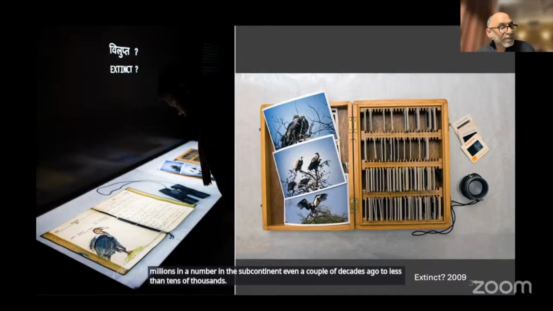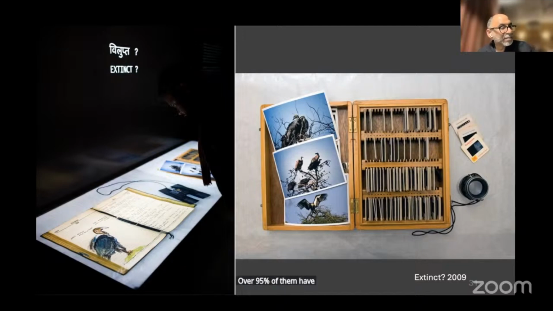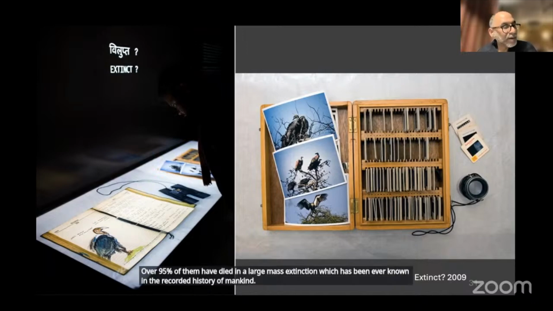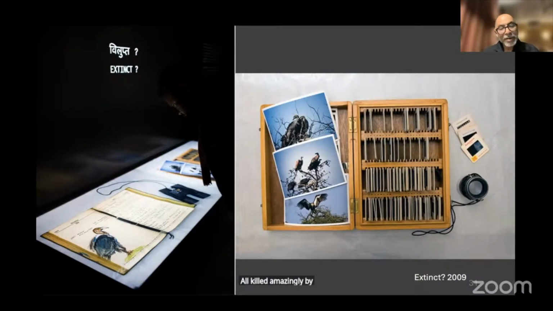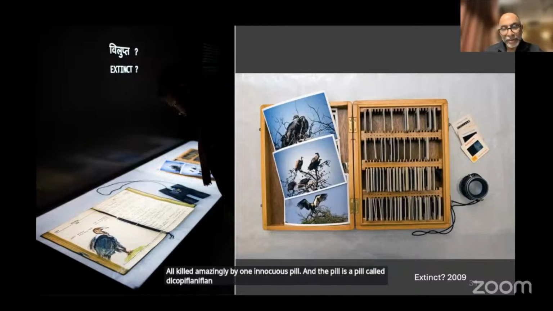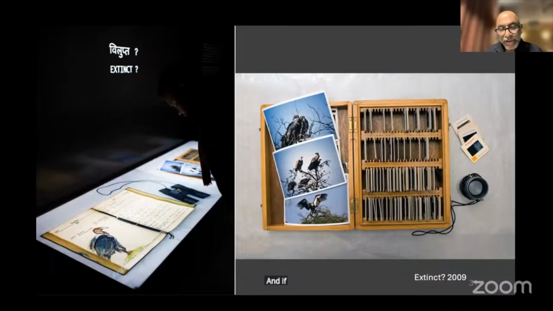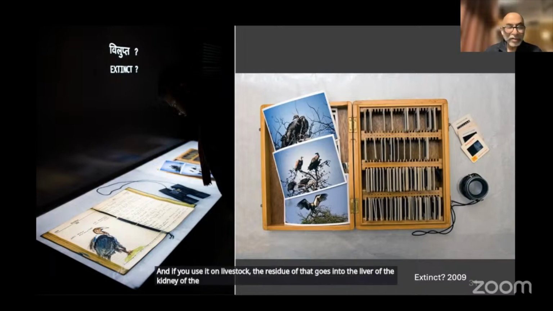Over 95% of them have died in one of the largest mass extinctions ever known in the recorded history of mankind, all killed amazingly by one innocuous pill. And the pill is called diclofenac, which is a painkiller. And if you use it on livestock, the residue of that goes into the liver and kidney of the vulture and kills the vulture.